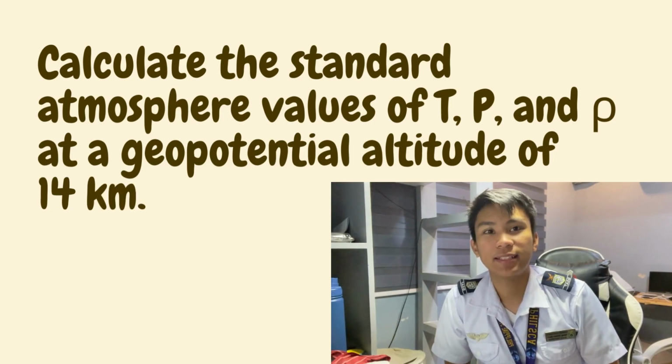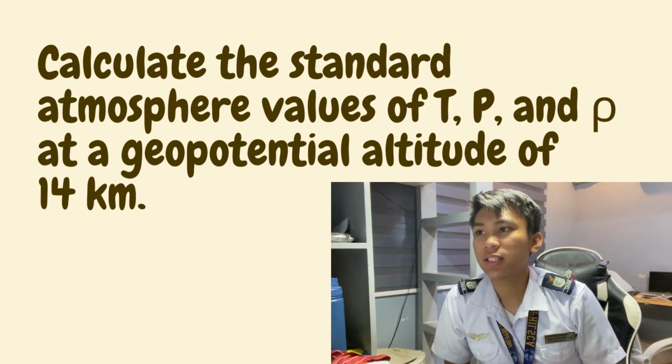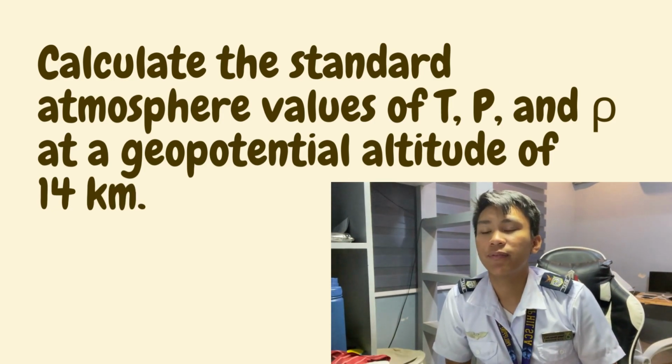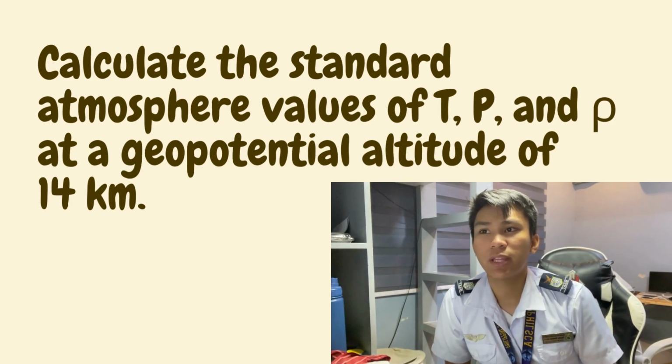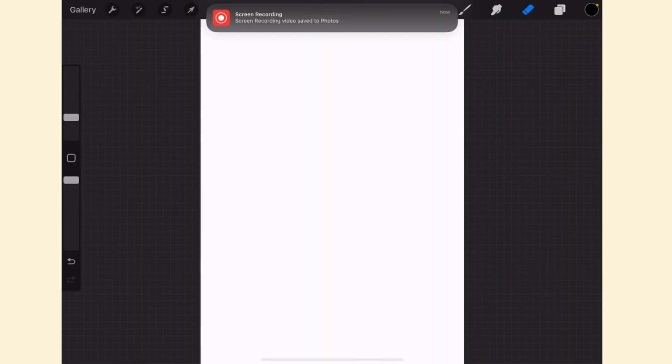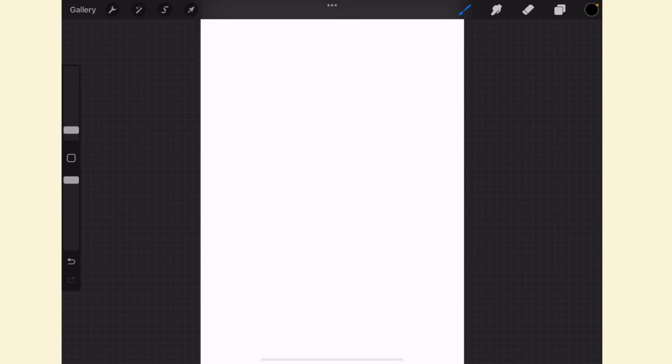Number 1 sa ating sample problem: calculate the standard atmosphere values of temperature, pressure, and density at a geopotential altitude of 14 km. Okay, so hanapin muna natin yung ating temperature at 11 km.